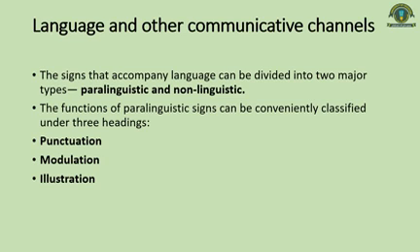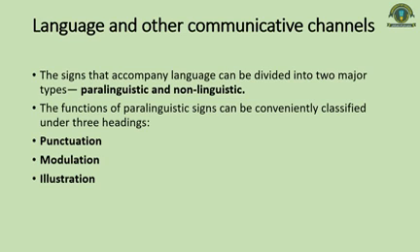And students, one thing more for you: the functions of paralinguistic signs can be further classified under three headings, as you are looking at this slide. Number one is punctuation, number two is modulation, and number three is illustration.